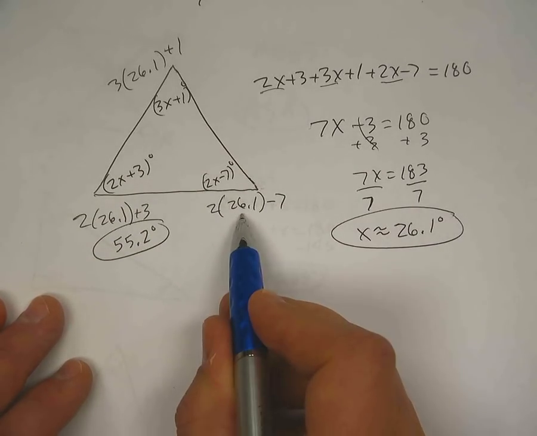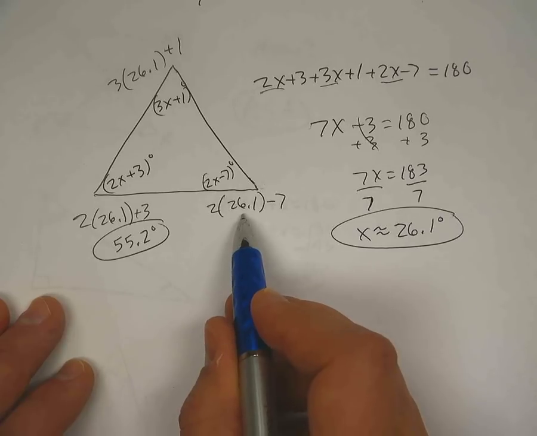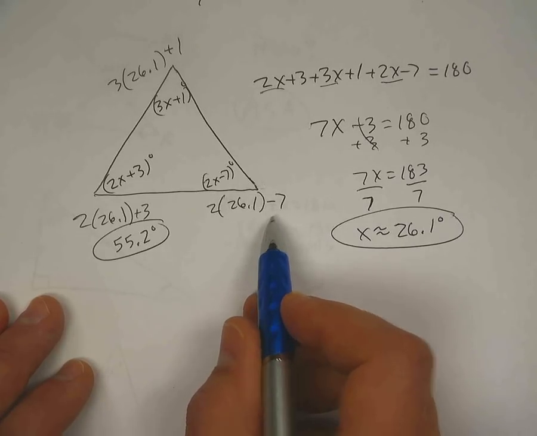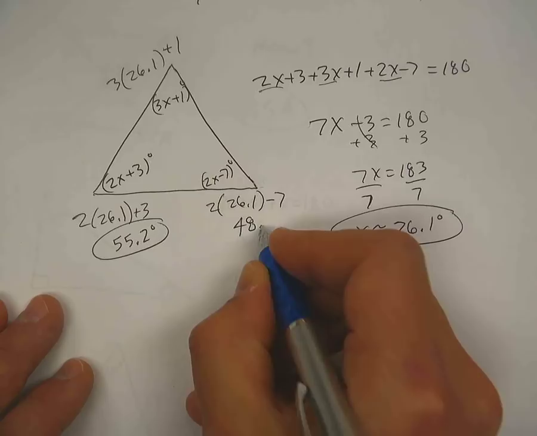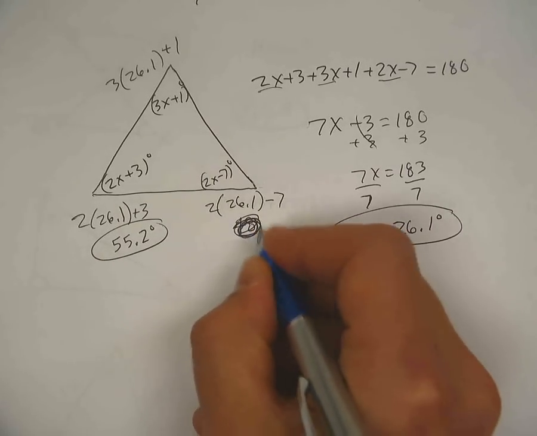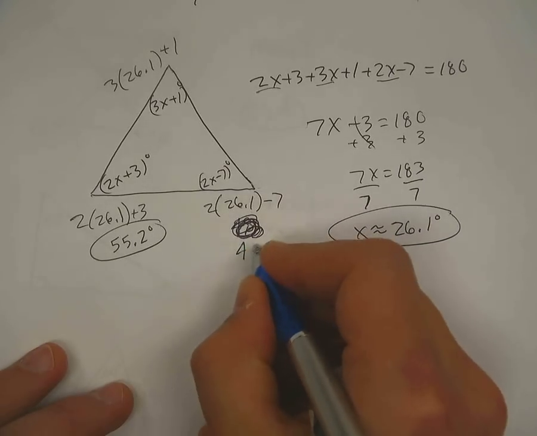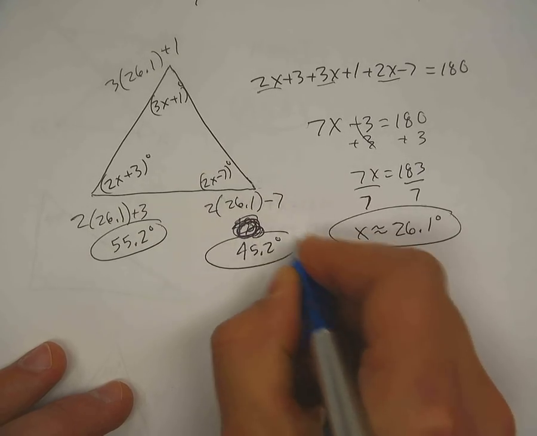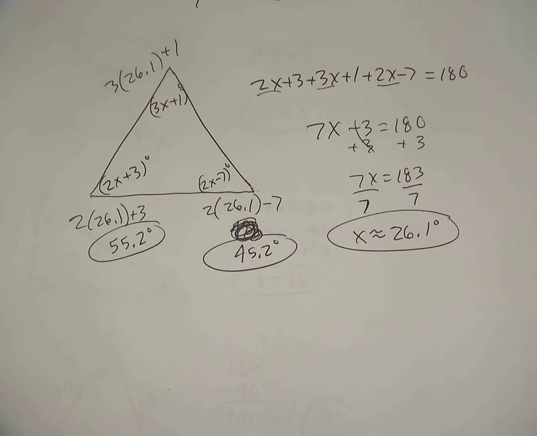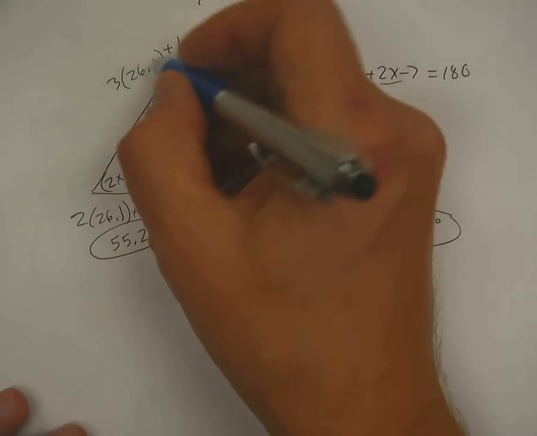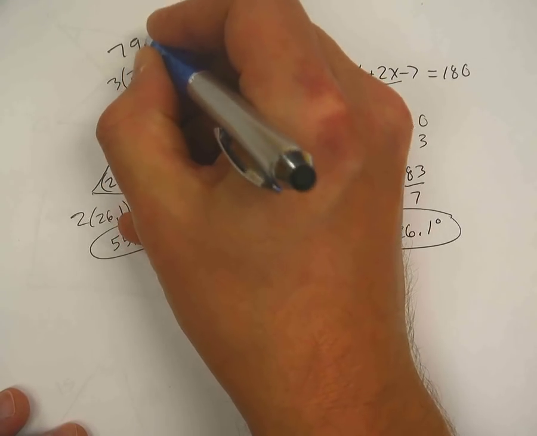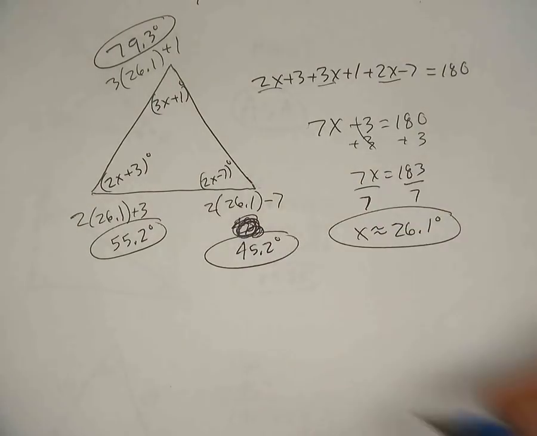This one, 52.2 minus 7 is going to be 45.2 degrees. And this is going to be 26.1 times 3 plus 1, which is 79.3 degrees. Those are rounded to the nearest tenth.